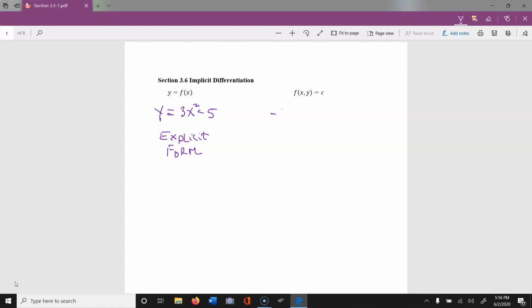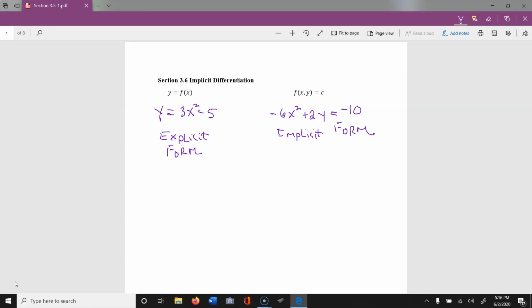I could have written it as minus 6x squared plus 2y is equal to negative 10. Okay, so notice the expression on the left-hand side of the equation is an expression in terms of x and y, and on the right side is a constant. Okay, this is what we would call implicit form.